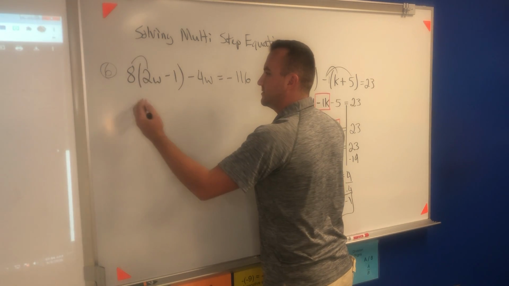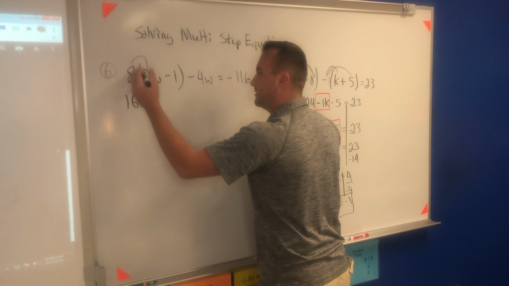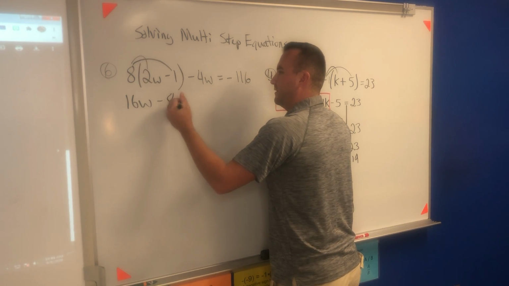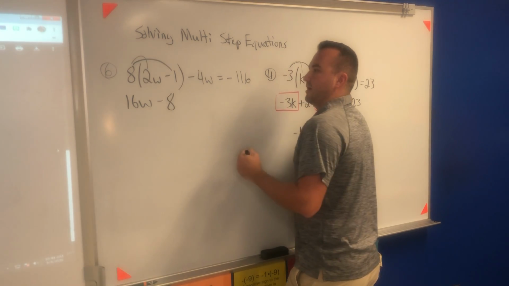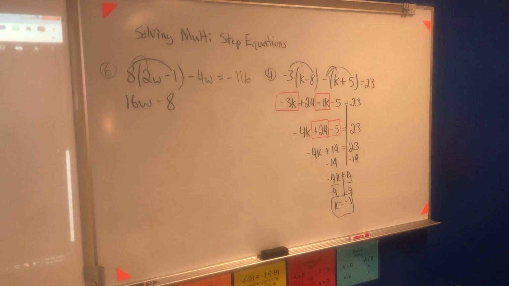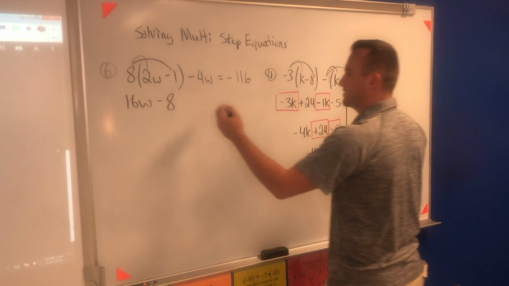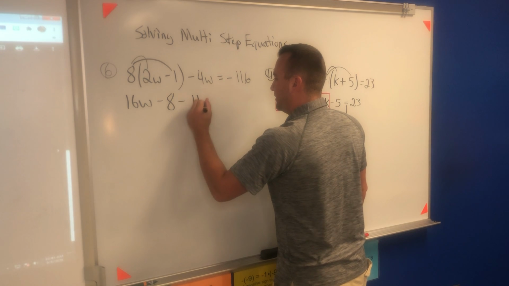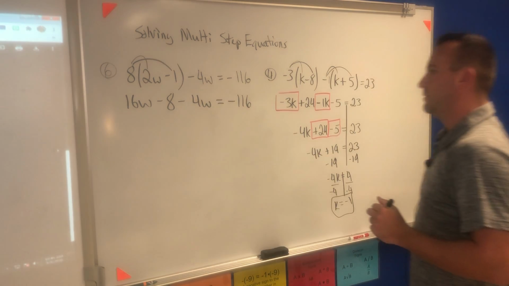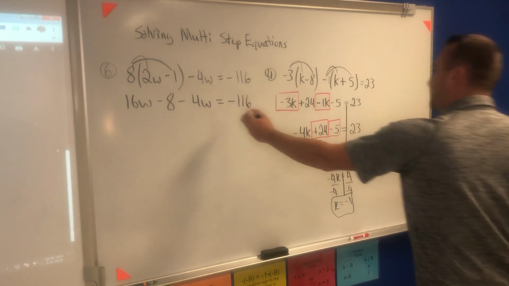So 8 times 2w would be 16w. 8 times negative 1 is negative 8. I don't distribute 8 to the negative 4. Why don't I do that? I don't do that because it's not in the parentheses, so I just bring it down. Negative 4w equals negative 116.